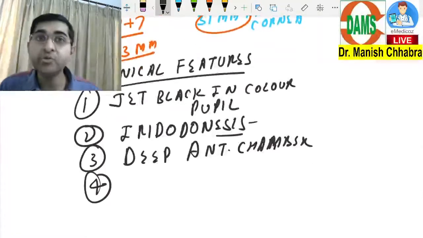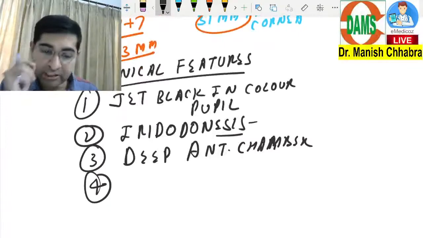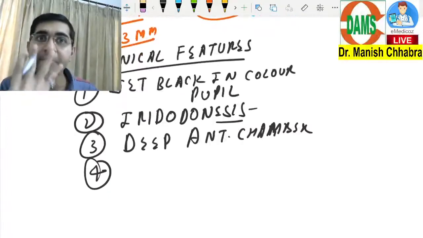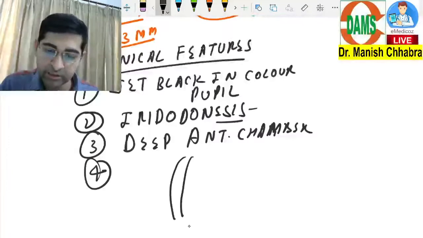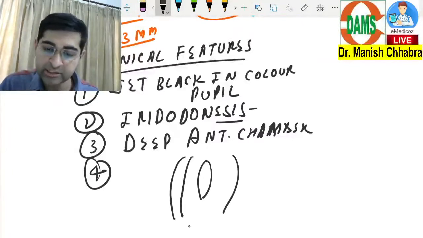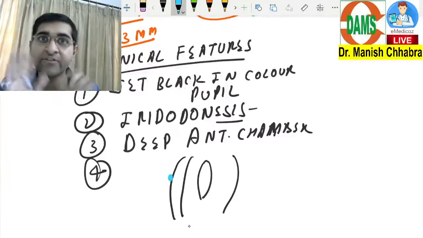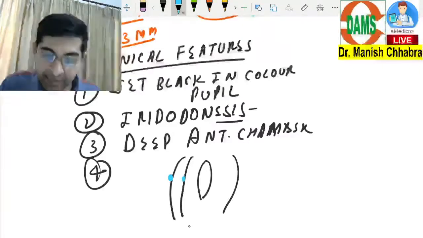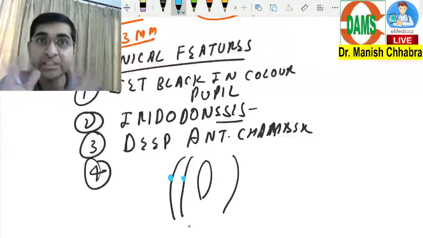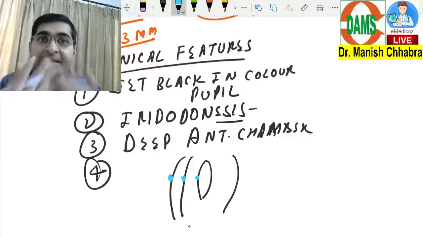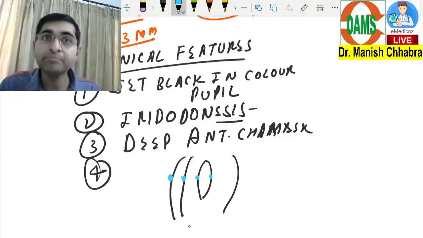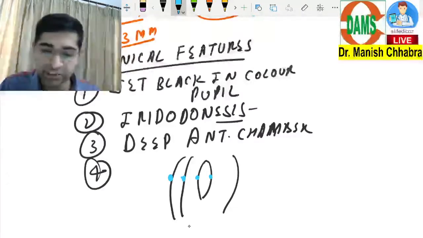What will happen to the Purkinje images? You must be knowing there are 4 Purkinje images which are formed. This is the cornea, this is the lens, this is the retina. First Purkinje image is formed at the anterior surface of the cornea. Second Purkinje image is formed at the posterior surface of the cornea. Third is formed at the anterior surface of the lens. Fourth is formed at the posterior surface of the lens.